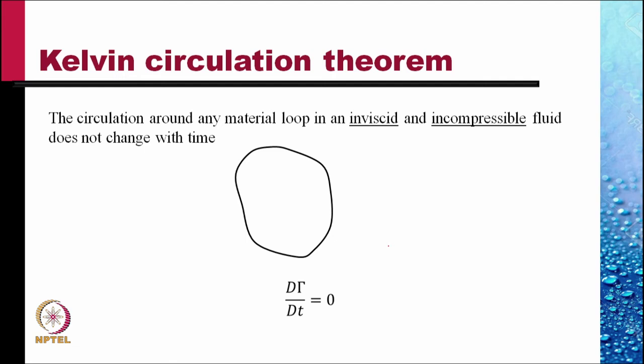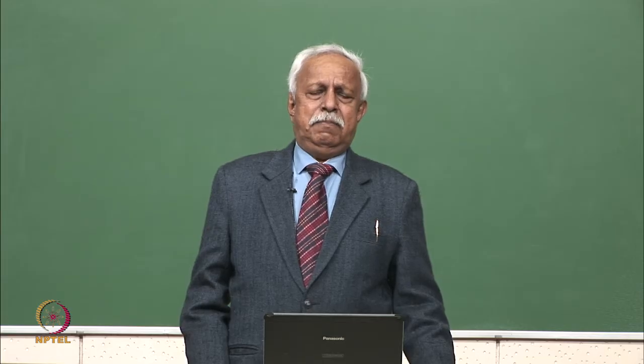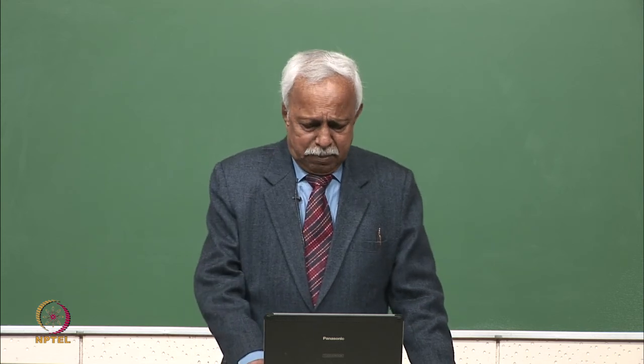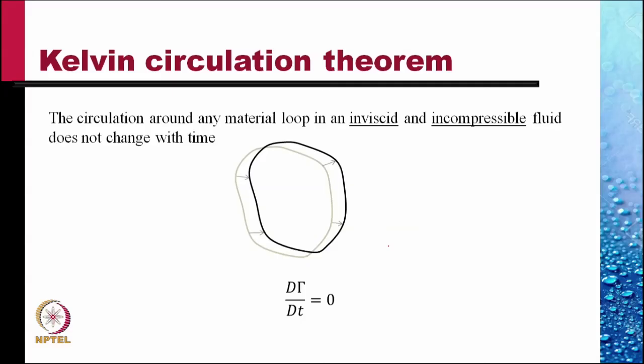Consider this circuit as a material loop. This is the position at a given time t. At a time t plus delta t, the same particles occupy this new location. These are the same material particles. So we say the circuit is a material circuit.